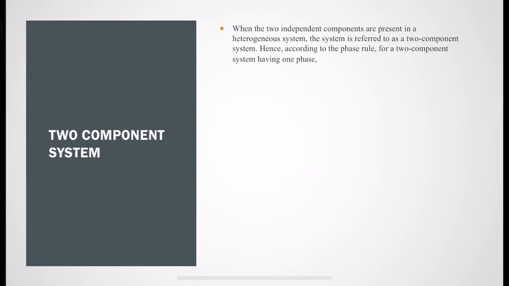Hence, according to the phase rule, for a two-component system having one phase, the two-component system exists as a single phase and the maximum number of degrees of freedom will be 3.